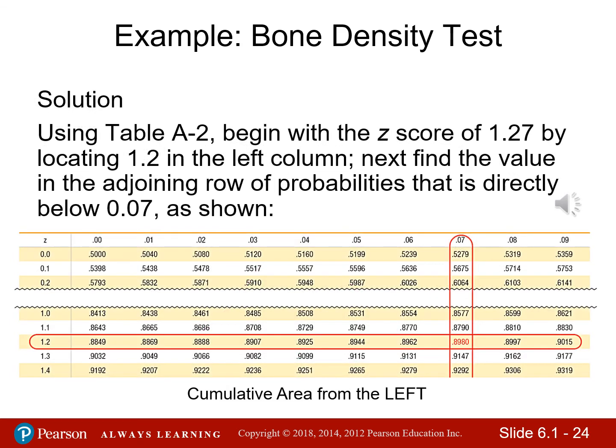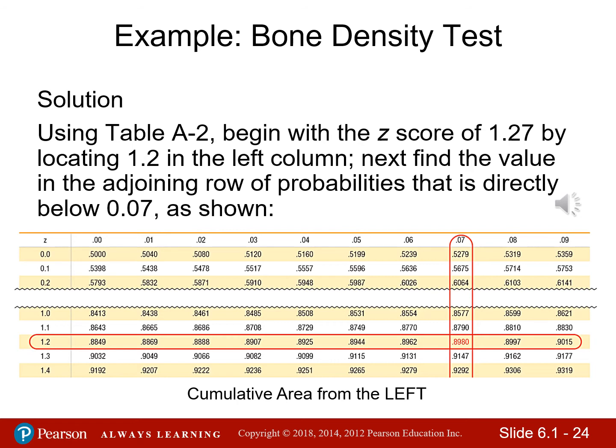Using Table A2, begin with the z-score of 1.27, and we will find it by locating 1.2 in the left column of our table, and in this case we're using our positive table. Once you have found 1.2 in your left column, then you find the adjoining row of the probabilities that is found in the column labeled 0.7.